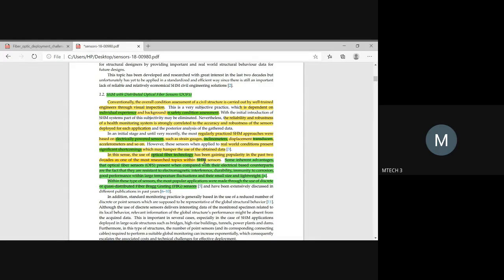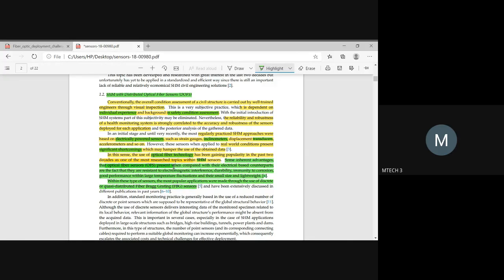So this was the need why structural monitoring with respect to optical sensors came into the picture. I told you that previous techniques had many shortcomings. So how were these shortcomings overcome by optical fiber sensors? They had some inherent advantages.